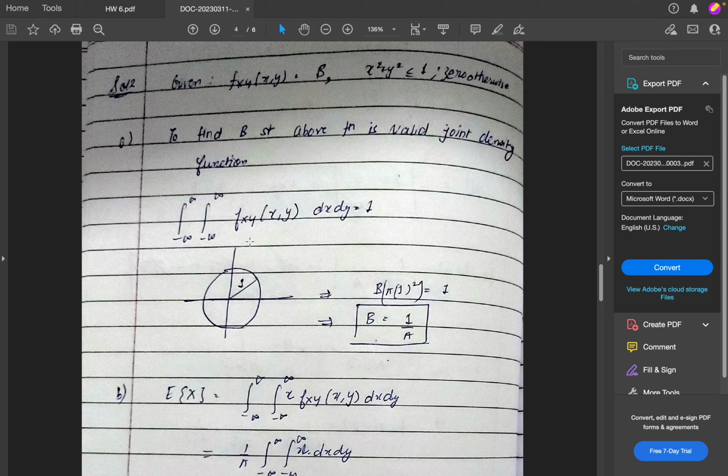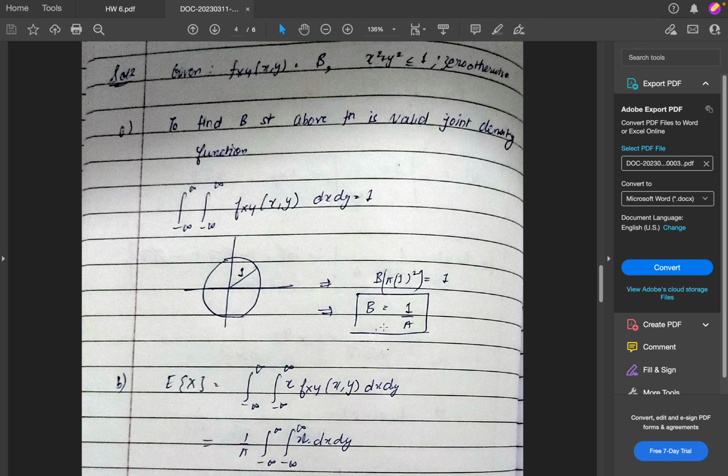So when we take the integral, f of xy is equal to b, and integrating it over the circle gives pi into 1 square, which is equal to pi, and therefore b will be equal to 1 by pi.